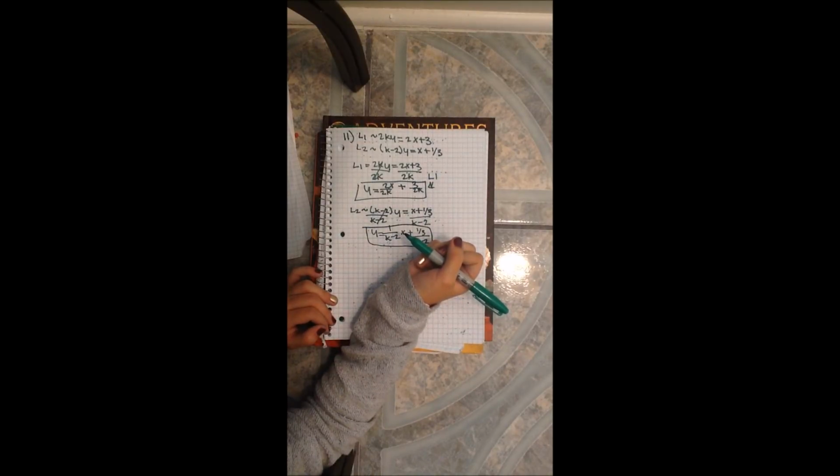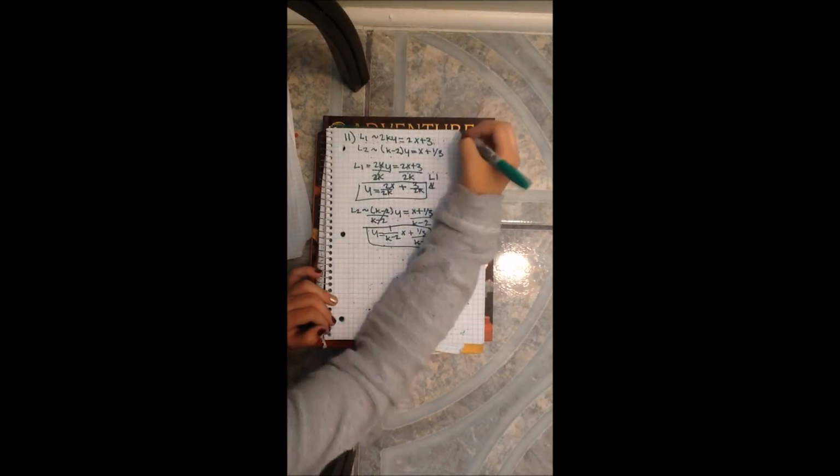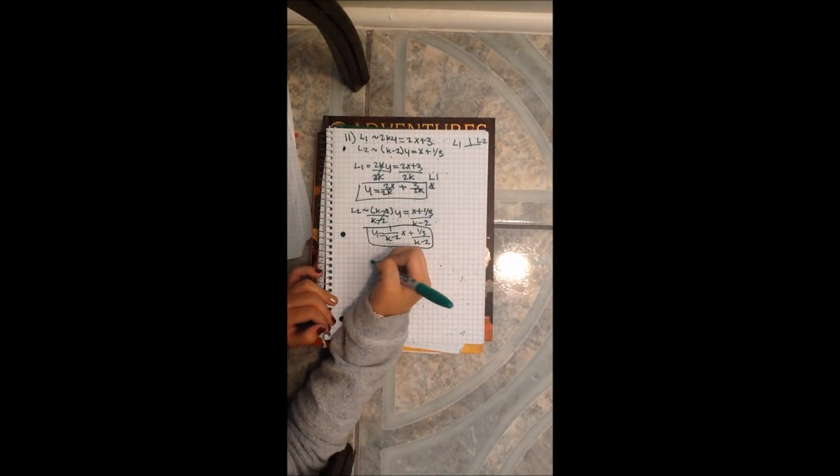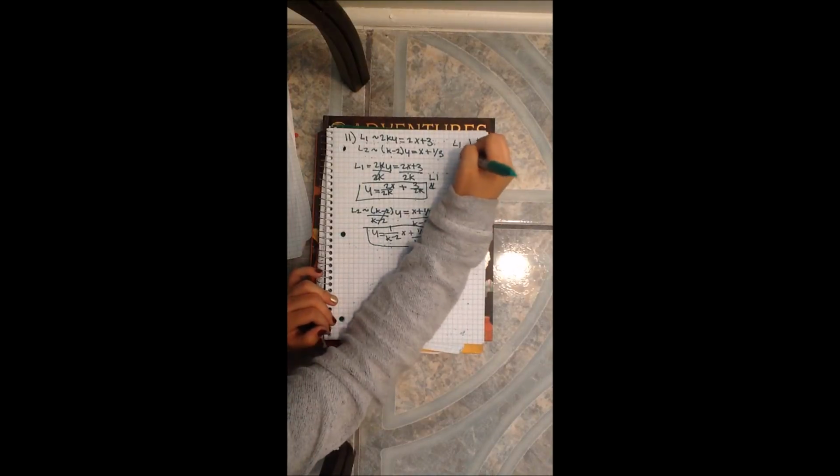And now line 1 is perpendicular to line 2, and I have to find k.